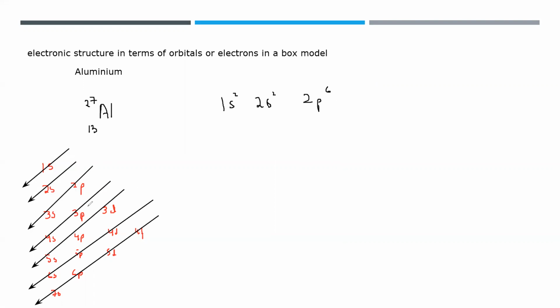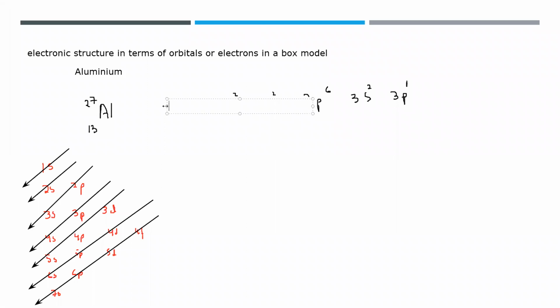After 2p, it will go to 3s. So 3s cannot hold 3, it can hold 2, so that's 3s2. And then 3p can maximum adjust 6, but we are only left with 1. So this will be 3p1. This is a normal electronic structure or electronic configuration.